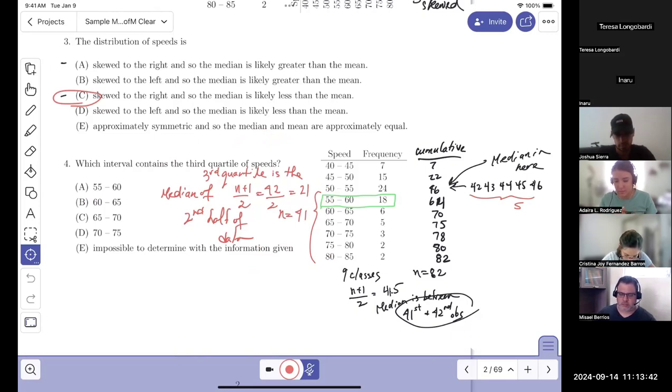And even if you use Excel, you might get a different answer because Excel does it a little bit differently too. So unfortunately, most things are standardized in statistics except for the 5-number summary. I don't know why, but we're just going to do it this way.